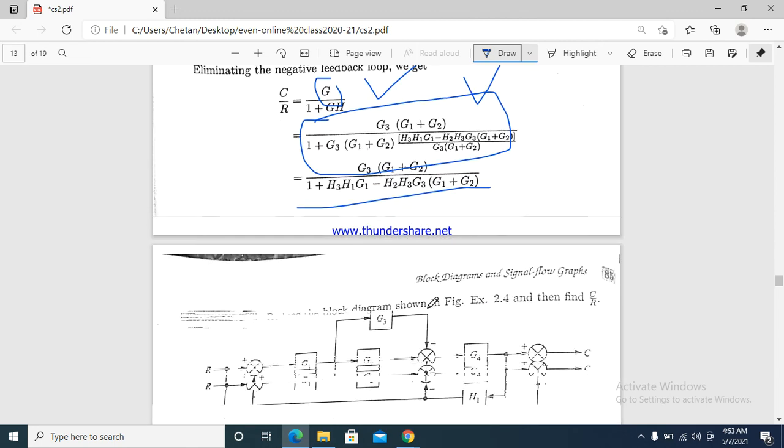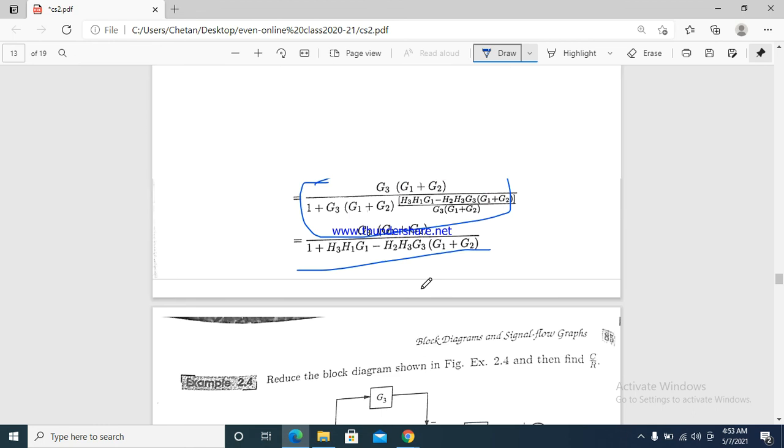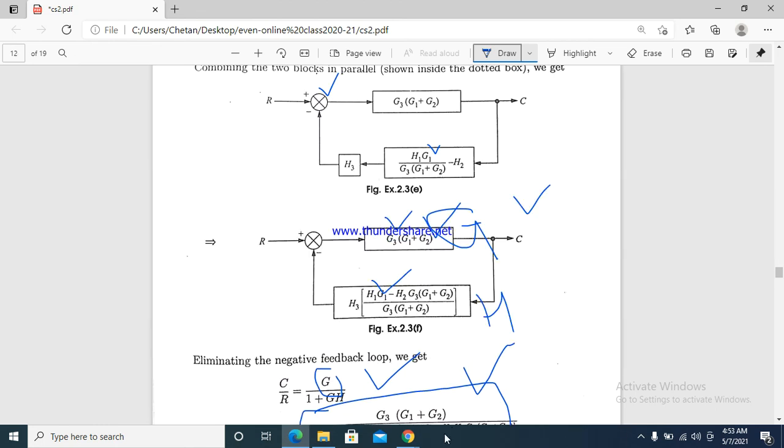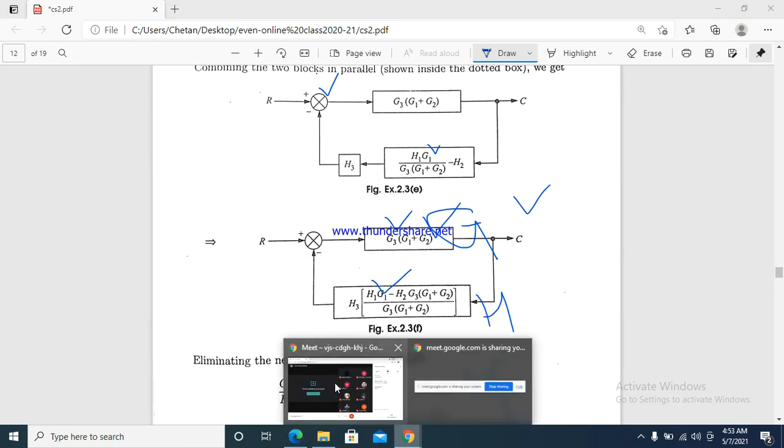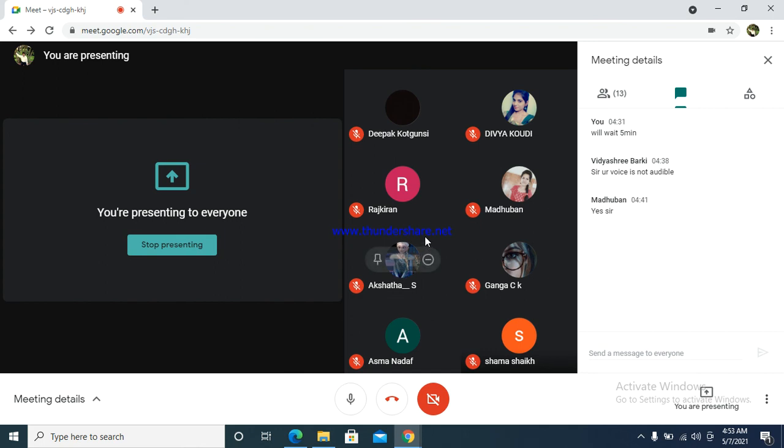I hope this problem is clear, right? Do you want me to repeat this problem once again, or should I move to the next problem? I want a reply from you.